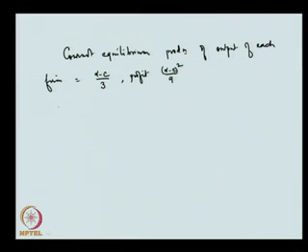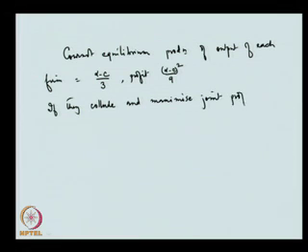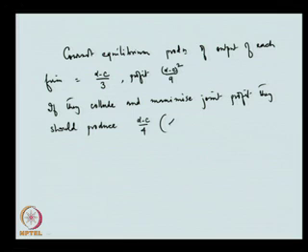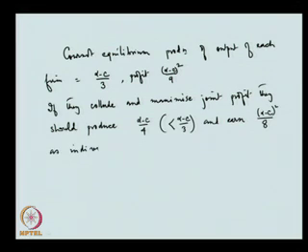Now, we have also seen that if they cooperate, if they collude and maximize joint profit, they should produce (alpha minus C) divided by 4, which is in fact less than (alpha minus C) divided by 3, and earn (alpha minus C) whole square divided by 8 as individual profit.